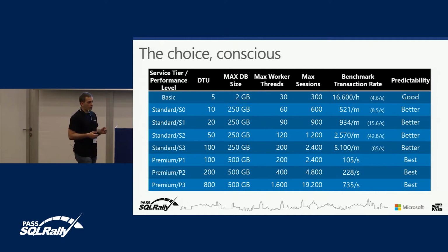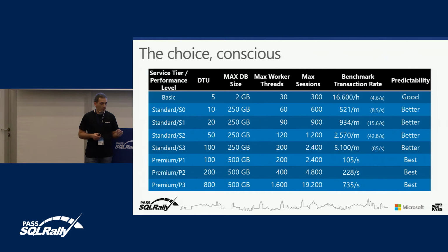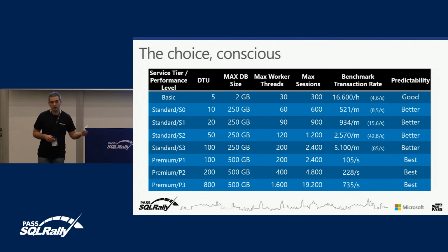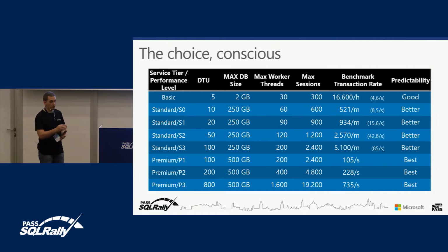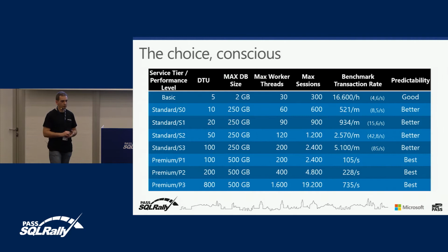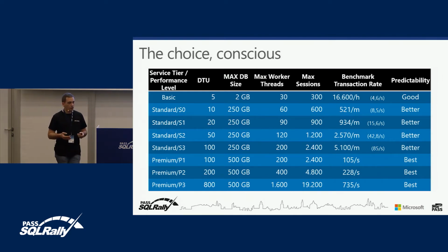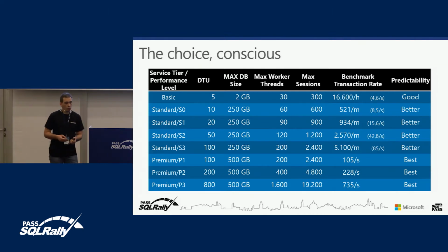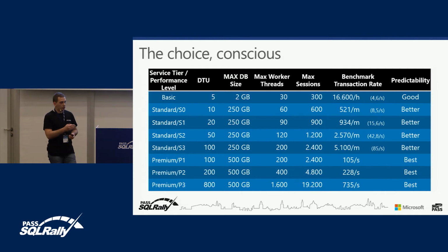So if you need less than 60,000 operations in an hour, basic is your best tier. But if you need a database of, for example, 400 gigabytes, you need to choose a premium tier.